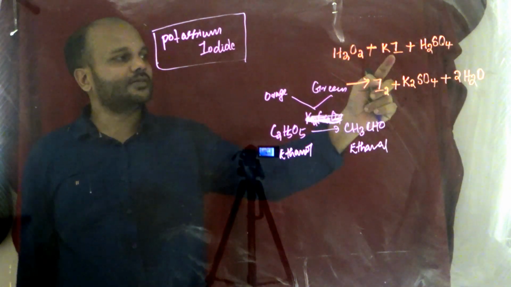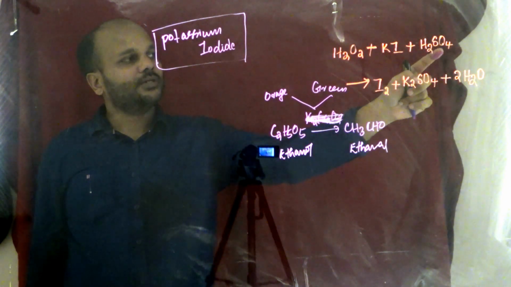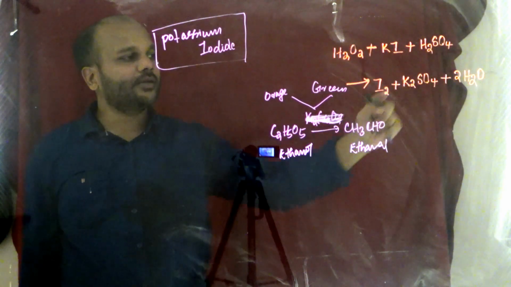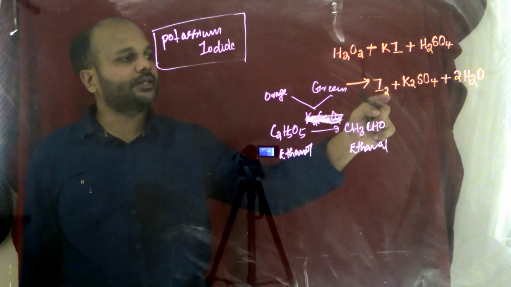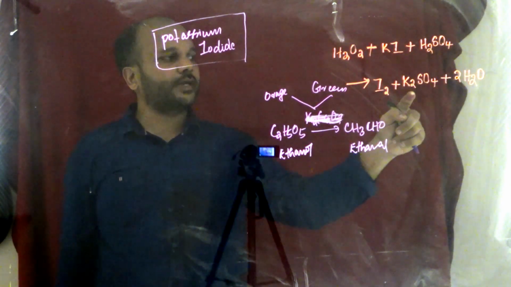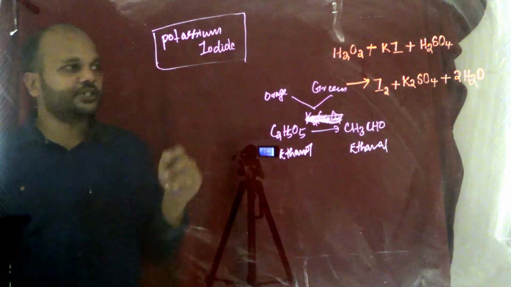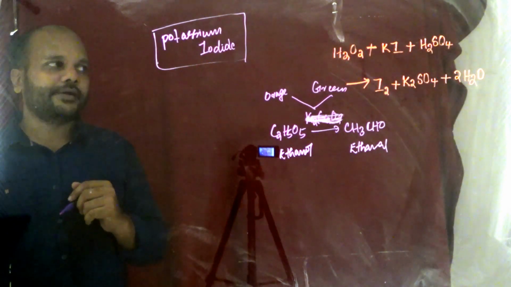Hydrogen peroxide, in the presence of KI and a little bit of acidic environment with H2SO4, converts KI to I2, with K2SO4 as a product. We shall see what is happening to the KI.